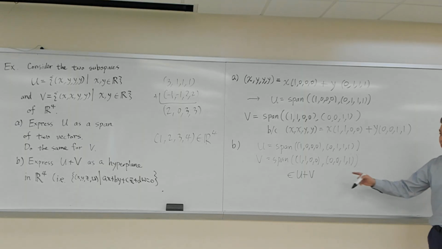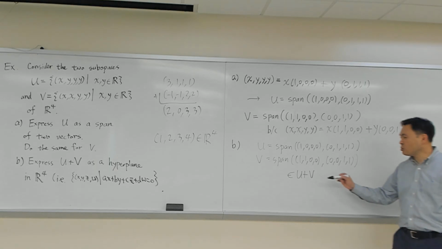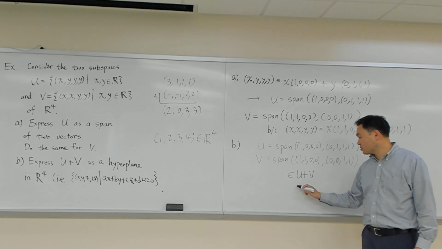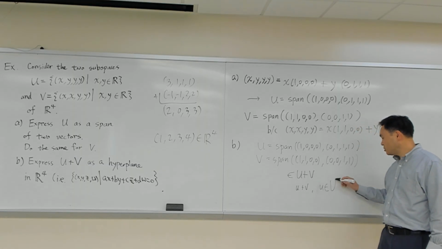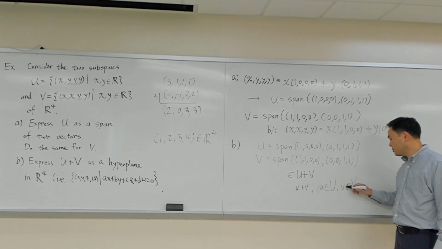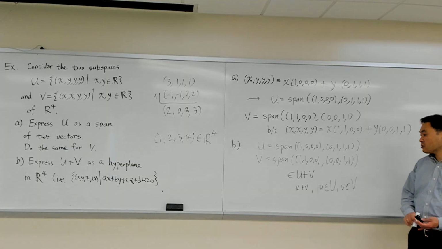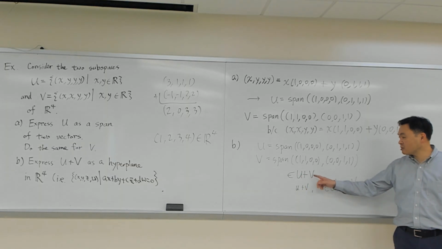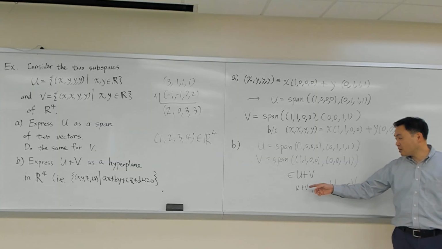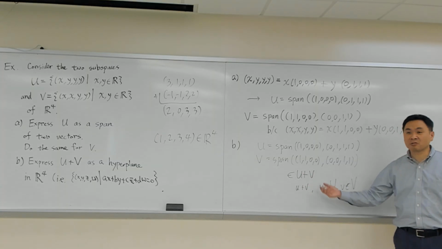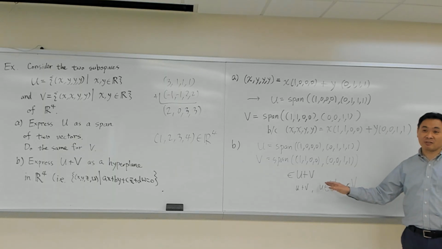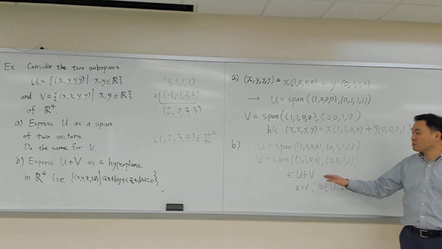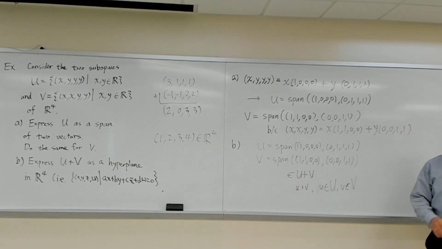Give me examples of vectors that are in U plus V. Well, what is U plus V? It's a collection of all the vectors that look like u plus v, where u is from U and v is from V, right? So you just have to find something in here, plus another vector in here, add them up, and you keep adding them. But the catch is, you want to find the simplest ones. So give me a very simple vector that belongs in U plus V. Can you do that?